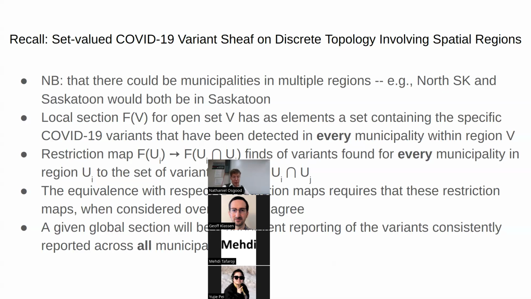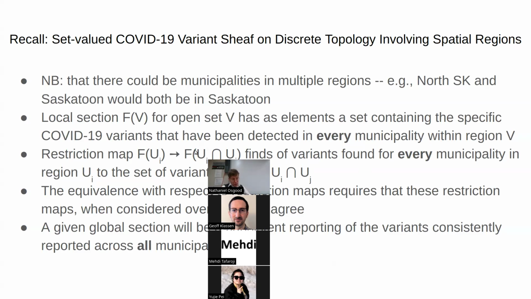The restriction map here basically takes variants for each municipality, mapping the set of variants of this to the set of variants in this. So whatever elements are here, it has to be able to be here in this case. It's just a one-to-one mapping, right? There's no translation going on in this particular case.